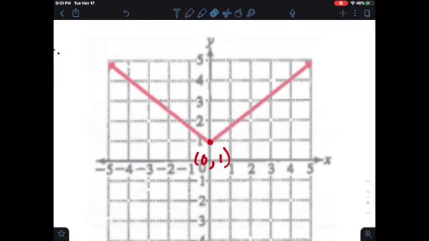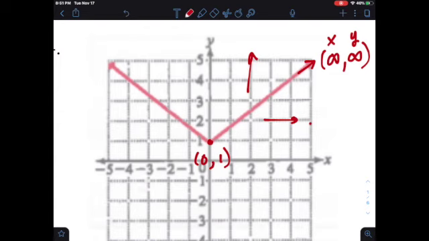And are you guys okay if I say this arrow keeps on going? That's going to go to positive infinity, and positive infinity, that's x and that's y. Going towards the positive side for the x, going to the positive side for the y right there.